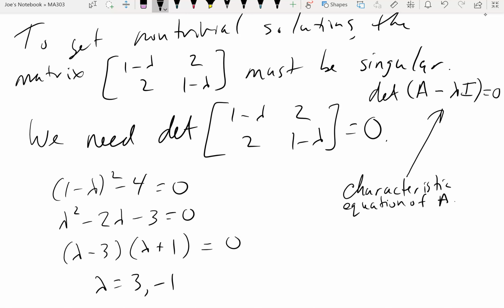These values that we have also have a name. These are referred to as the eigenvalues of the matrix. So the eigenvalues are solutions to the characteristic equation.